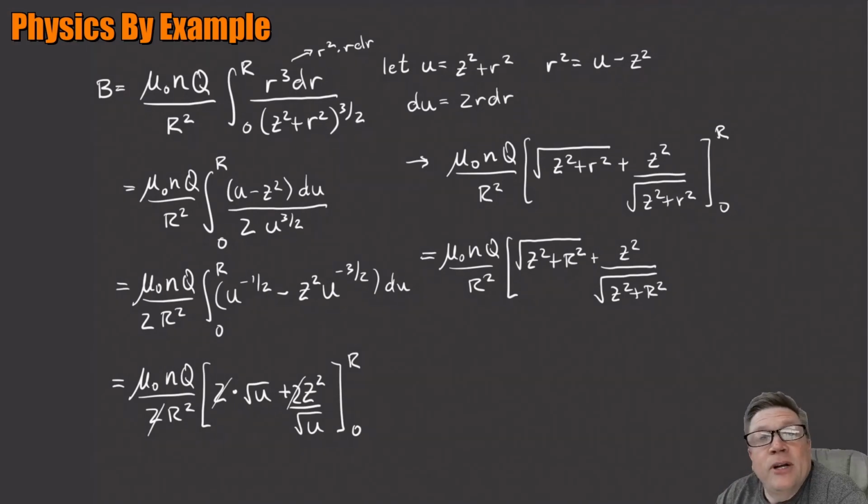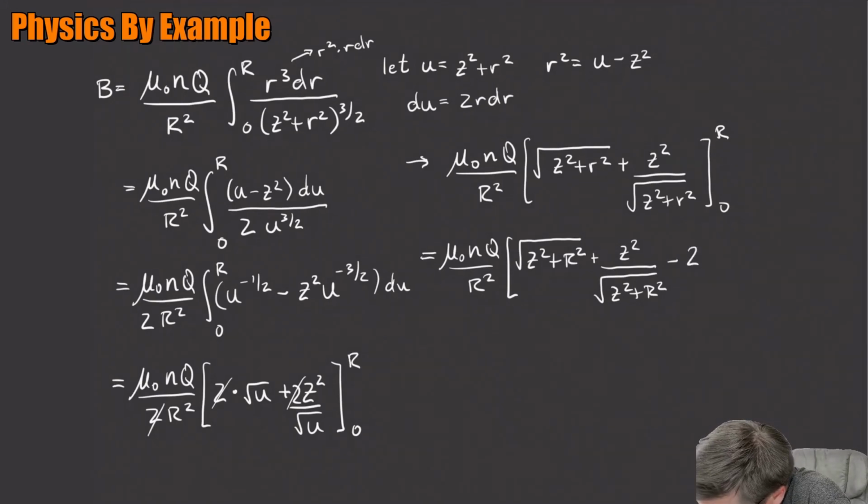Okay, and then I'm going to subtract off what happens when I put 0 in. When I put 0 in for r, I'm just going to get square root of z squared, z. And then the second term, I'm going to have z squared over square root of z squared. So it's just going to be a z again. So I get 2z. So it looks like this is going to be minus 2z.